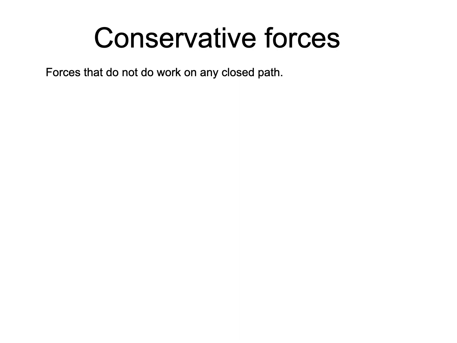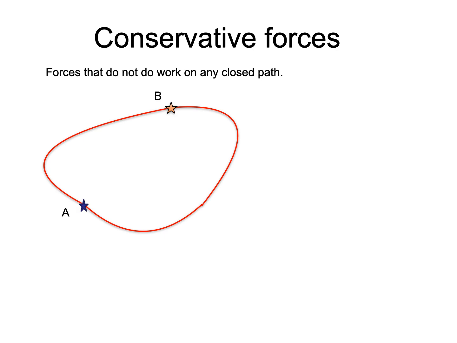A closed path is a trajectory that returns to its starting point, such as this curve, for example. Let us pick 2 points, A and B, on this trajectory and assume that the object is traveling in a clockwise fashion along this trajectory.